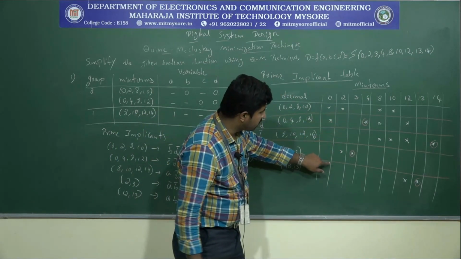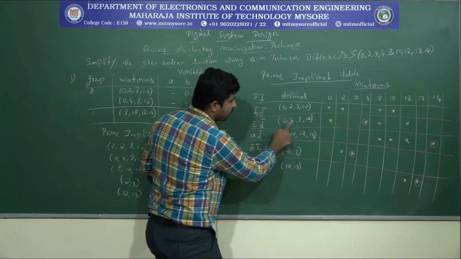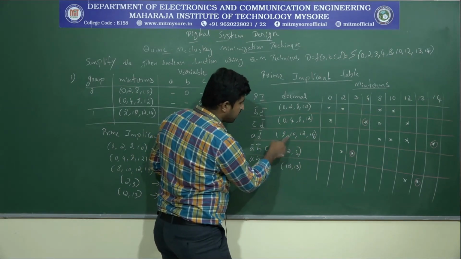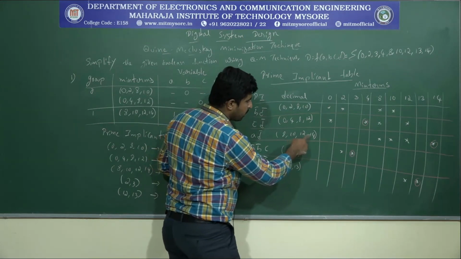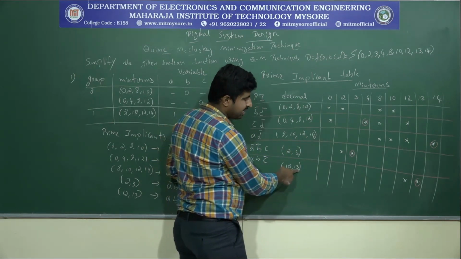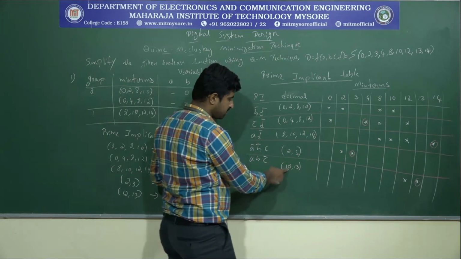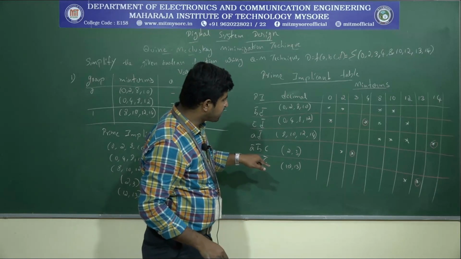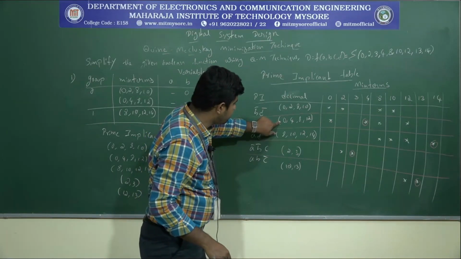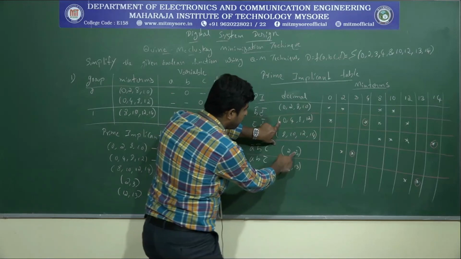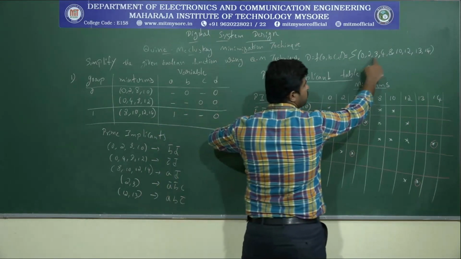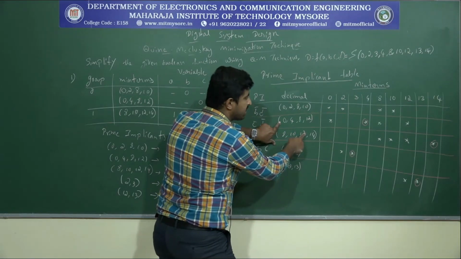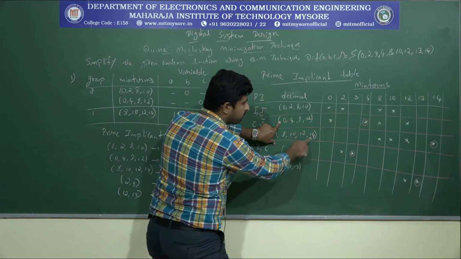So these 4: 0, 4, 8, 12, next 2, 3, next 8, 10, 12, 14, next 12, 13. So this should cover all the min terms, right? All the min terms are covered actually. 0 is covered, 2 is covered, 3, 4, next 8, 10 is covered, 12 is covered, 13 is covered, and 14 is covered.